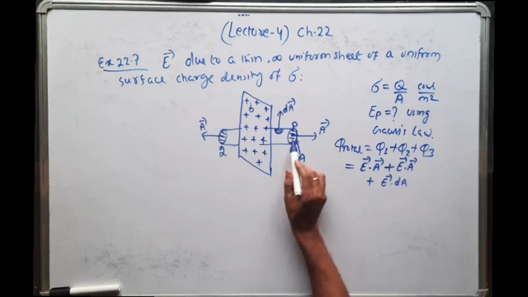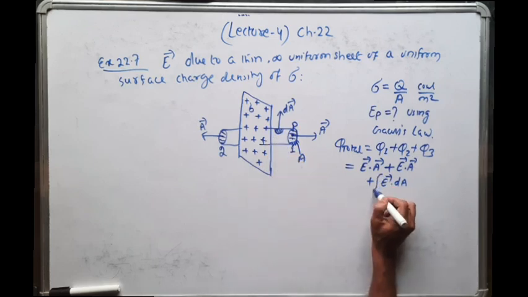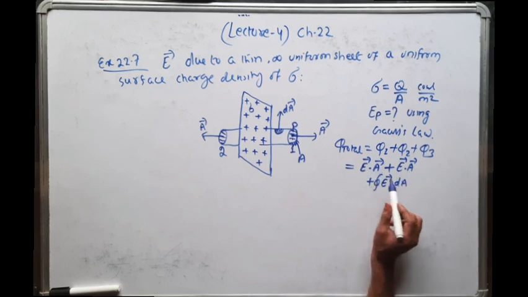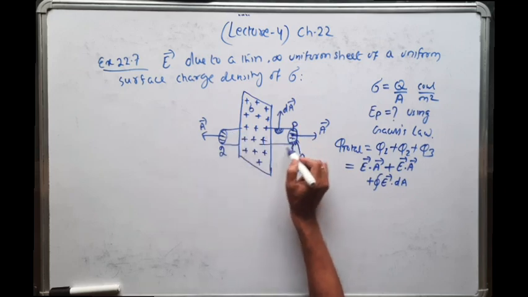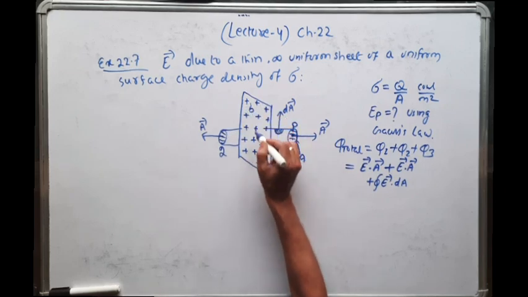But I want the flux through the whole curved surface, so I have to take the surface integral. The next question may come: why have you taken the electric flux as E dot A here, but taken the surface integral of E dot dA there? Because on the third surface, each point is at a different distance from the charge sheet.